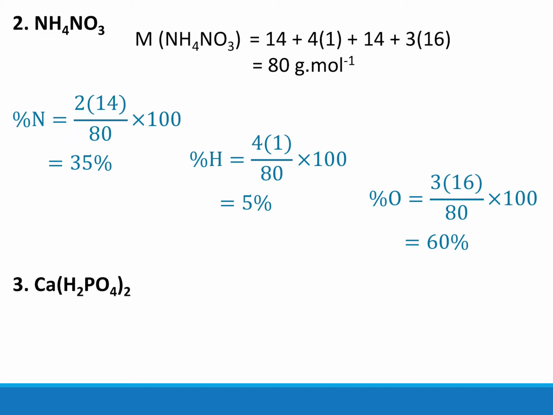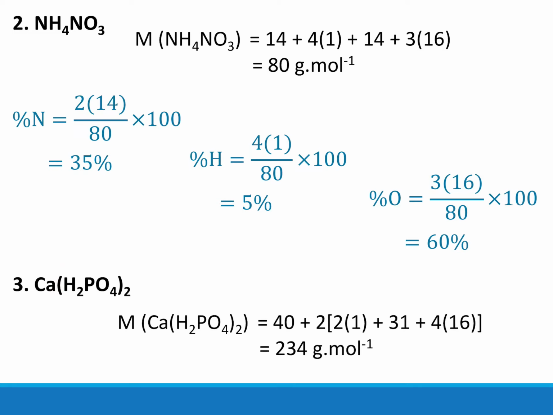Next one, calcium hydrogen phosphate. Now this looks a lot more difficult than it is. The hardest part of this one is going to be working out the molar mass. So watch carefully. Here we have calcium, which is 40. That's fine. Then I've got a 2 and a square bracket. So what's in here?